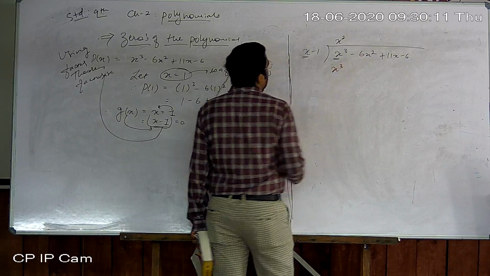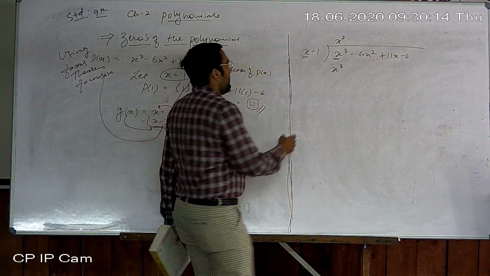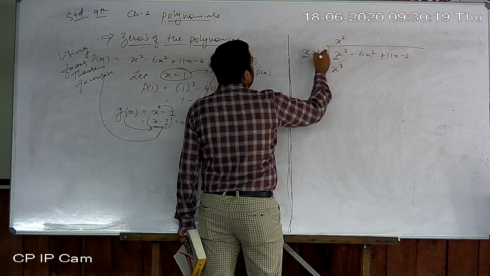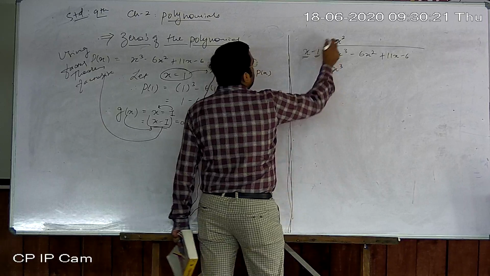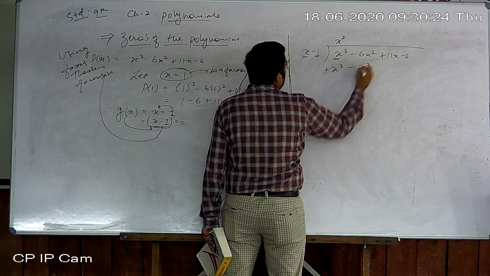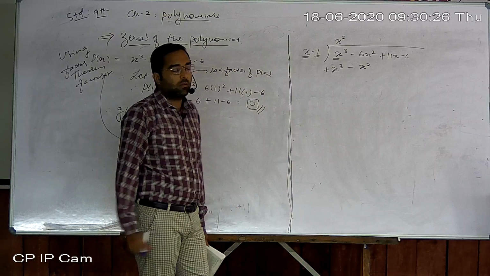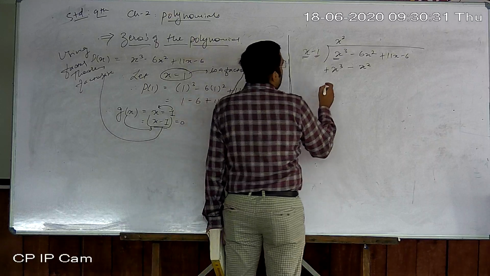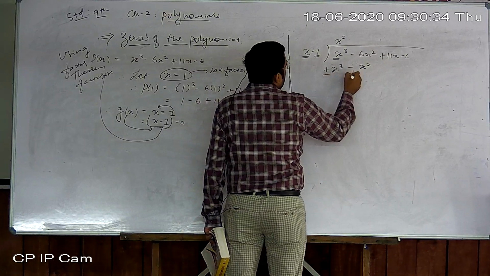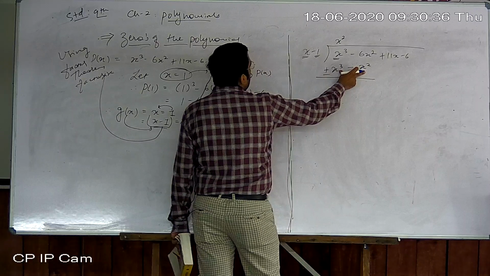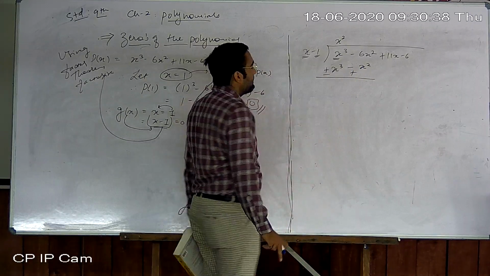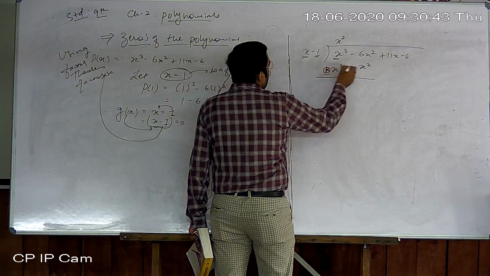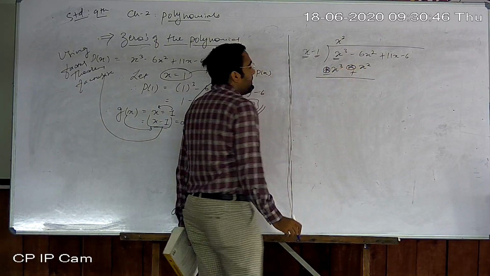So my answer is x cube. Now multiply x square also with minus 1, therefore minus 1 into x square is minus x square. Now I subtract them. Whenever I subtract, I change the signs of both terms and cancel out the middle sign.